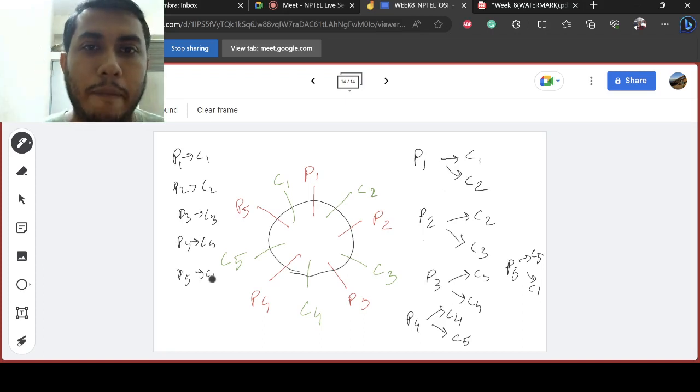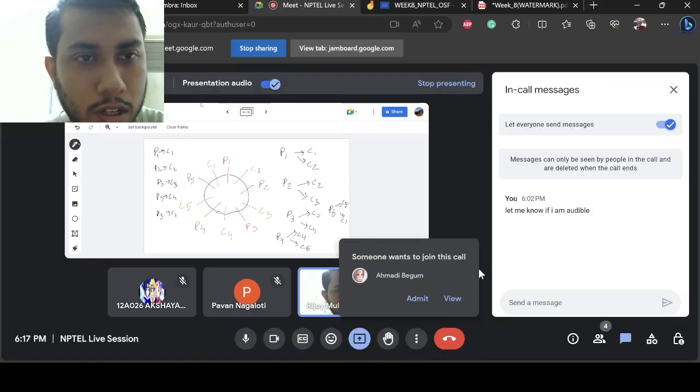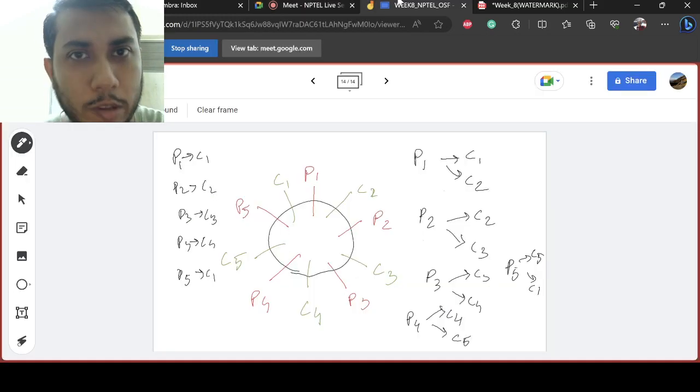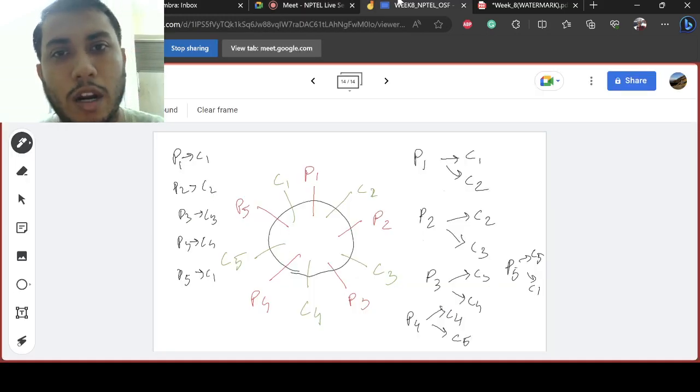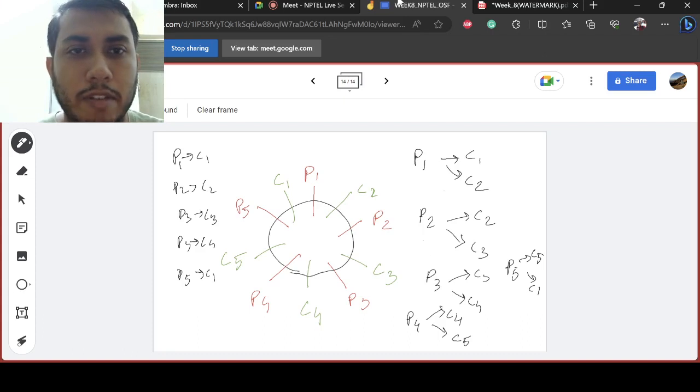So in that case, what happens? All of these five processes are basically waiting for another resource other than the one each has already acquired. P1 has acquired C1, P2 has acquired C2, P3 has acquired C3, P4 has acquired C4, and P5 has acquired C5.